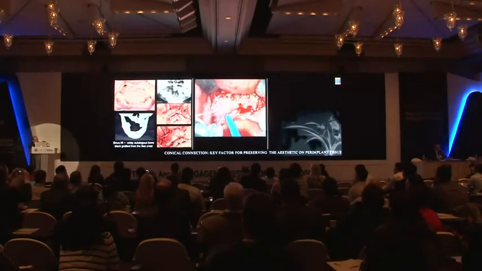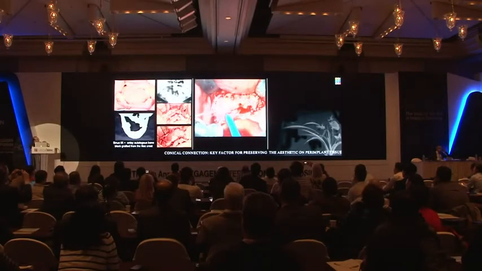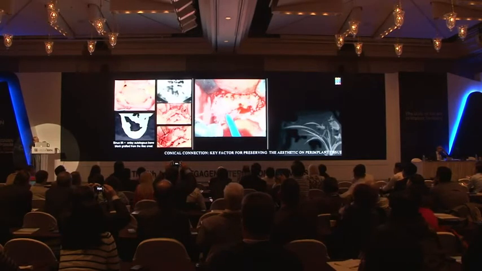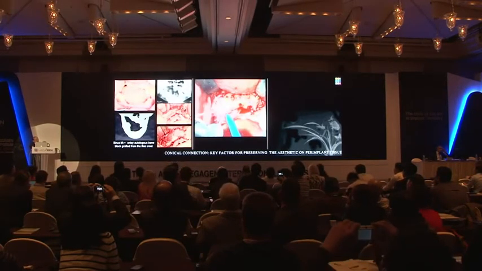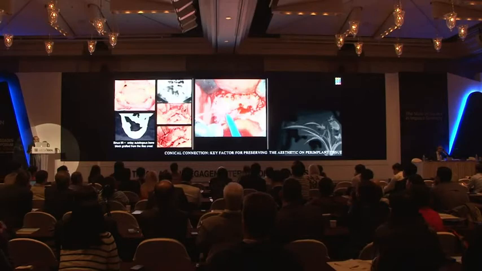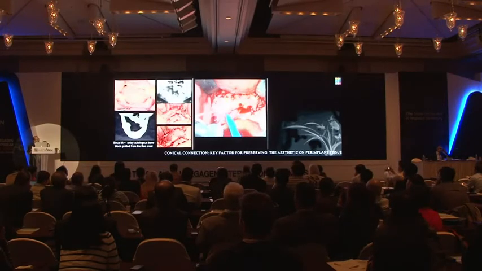In this other case, we have a severe post-traumatic atrophy of the maxilla, in which we don't have any chance of placing an implant. And the only thing we can do is a sinus lift in conjunction with an onlay autologous bone block grafted from the iliac crest.